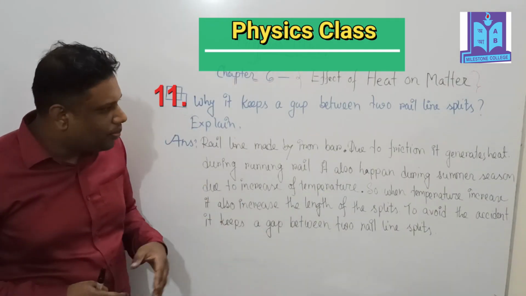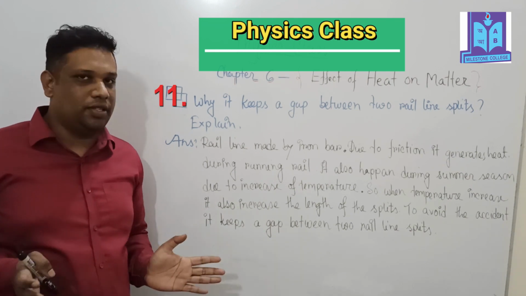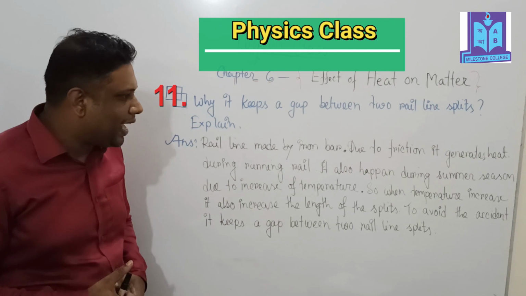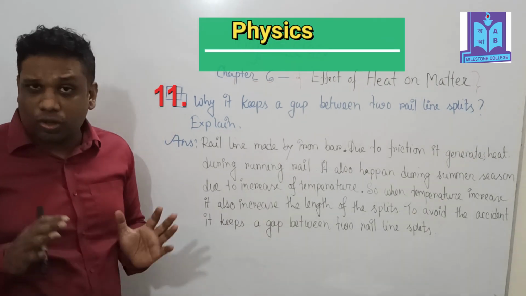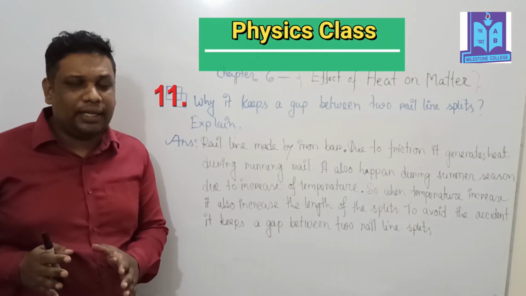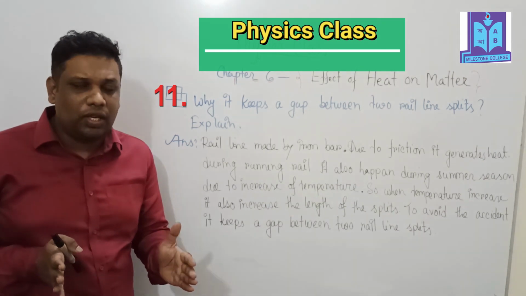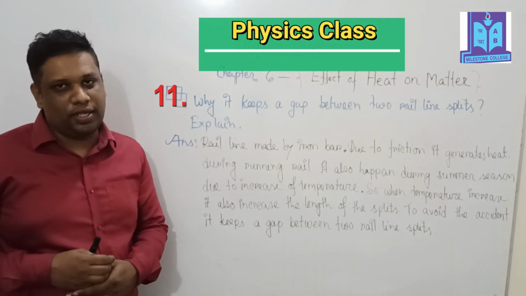So when temperature increases, it also increases the length of the splits. To avoid an accident, a gap is kept between two rail line splits. So my dear students, there is a little gap for when the length is increased, to avoid the accident. This is the answer to this question, my dear students.